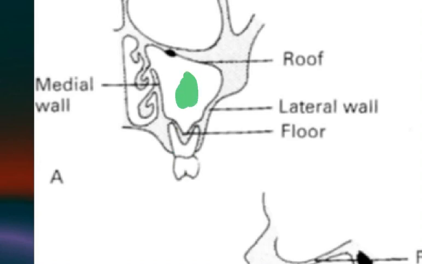So the fluid here will go through here, so there will be communication between oral cavity and the maxillary sinus, and this will lead to infection, inflammation, bacterial growth, what is called oroantral fistula.